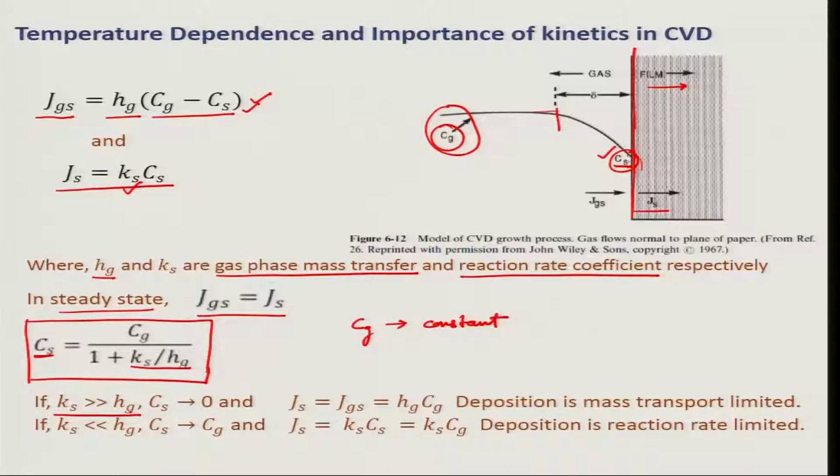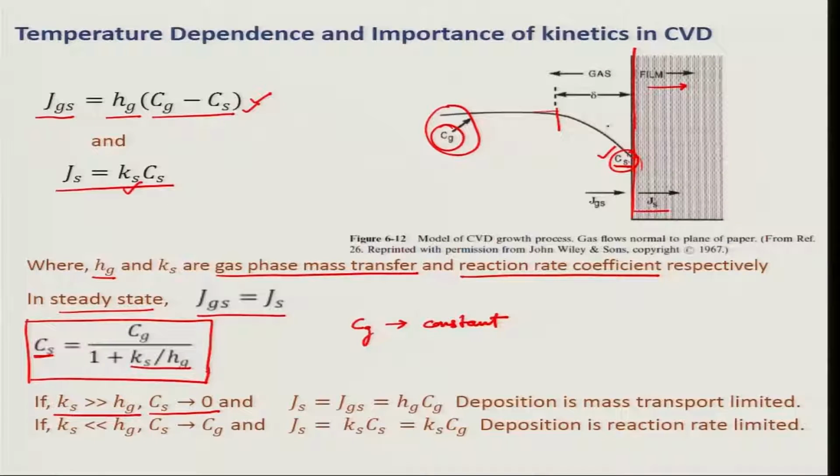If we increase the temperature of the substrate, we can increase the reaction rate coefficient such that Ks is very high compared to Hg, the mass transfer. Then my concentration will drop to 0 at the surface, because the reaction rate is very fast here.